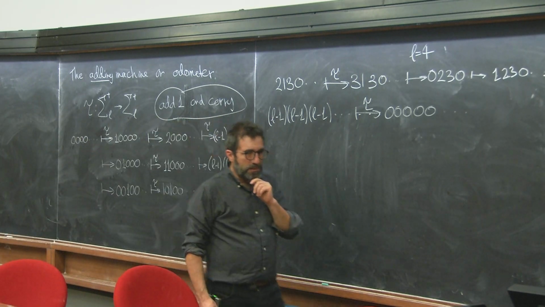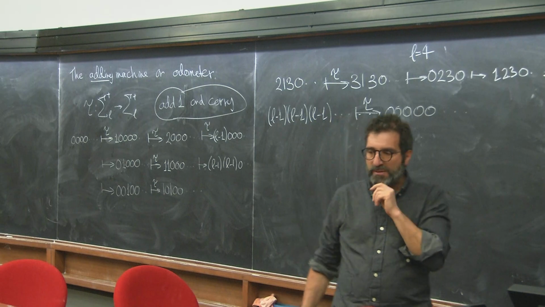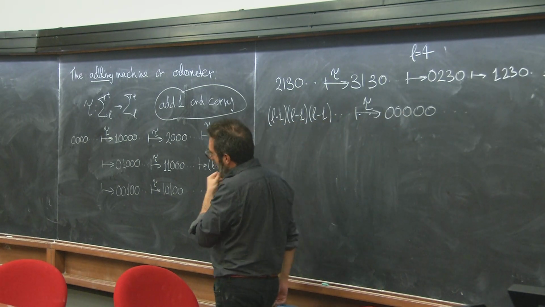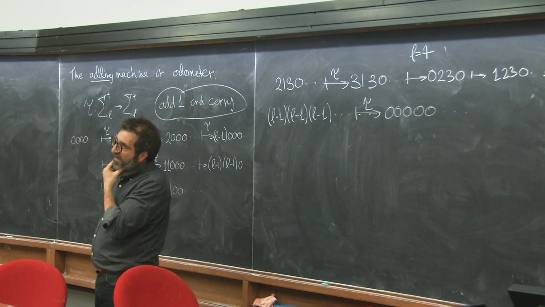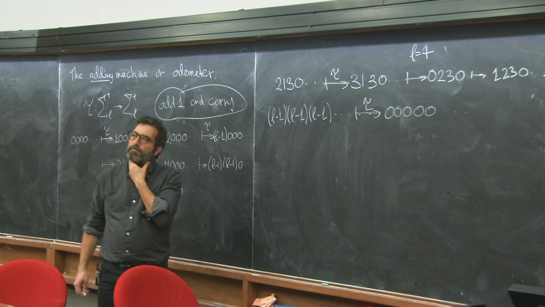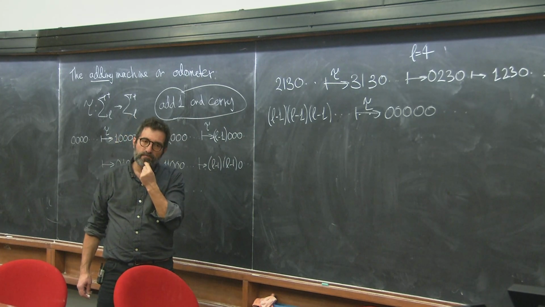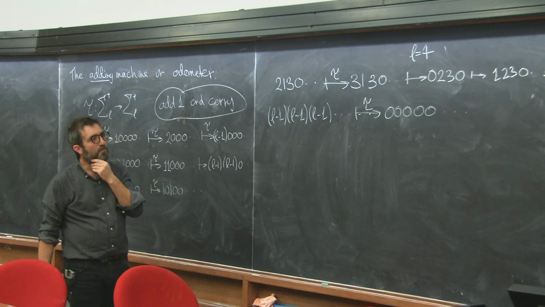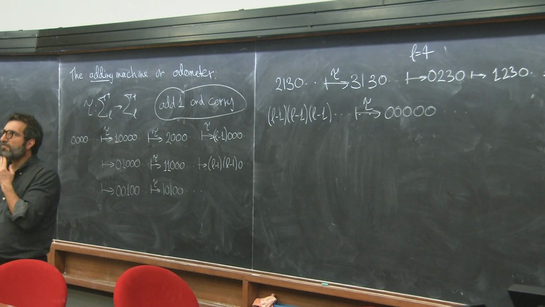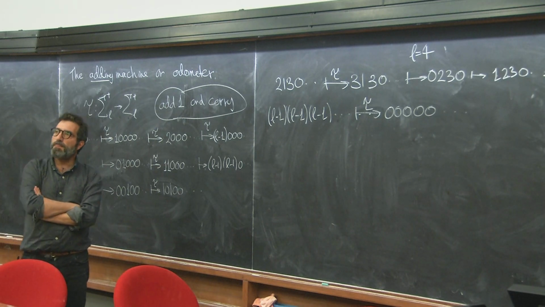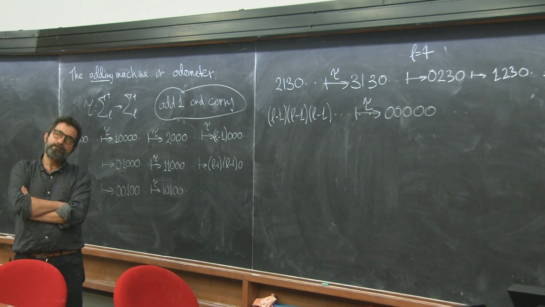So we can try to study the dynamics of this map. First of all, let me ask you something about this kind of map. Is this map injective? You think?